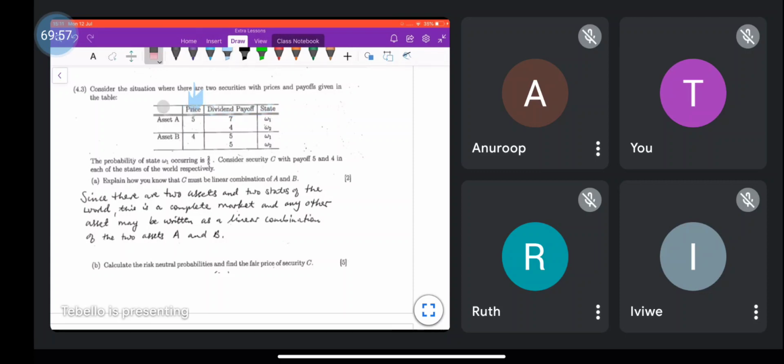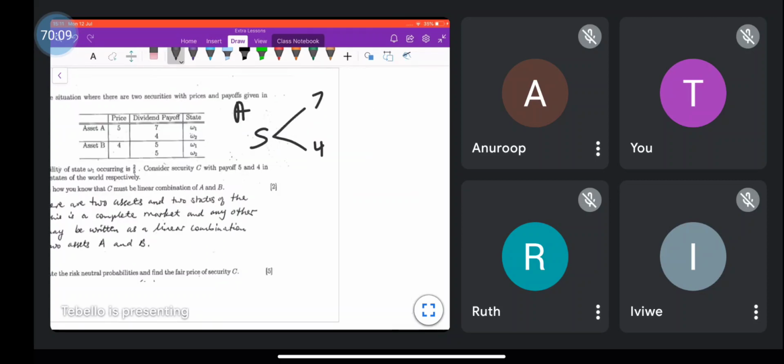For A, you have a price of 5 and 2 payouts, 7 and 4. And for B, the price is 4 and the payout is 5 and 5. So you can see B is risk-free, with a 20% rate of return.